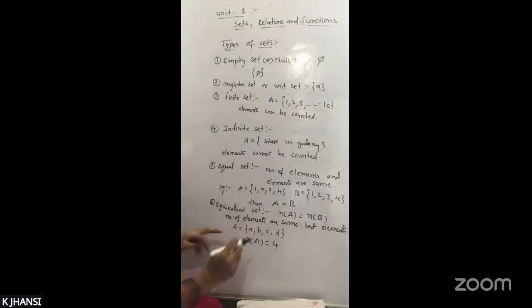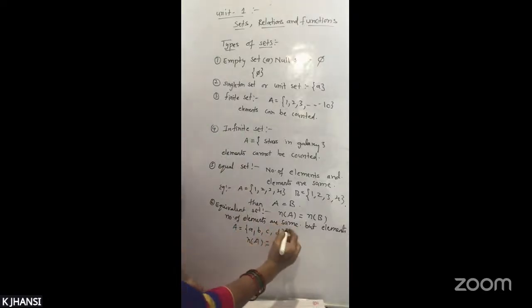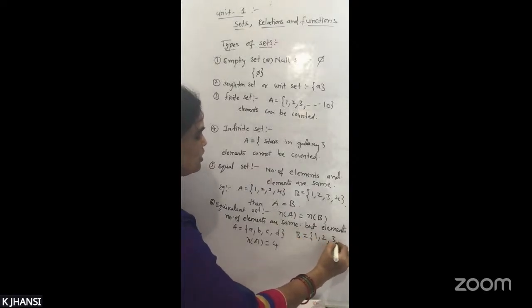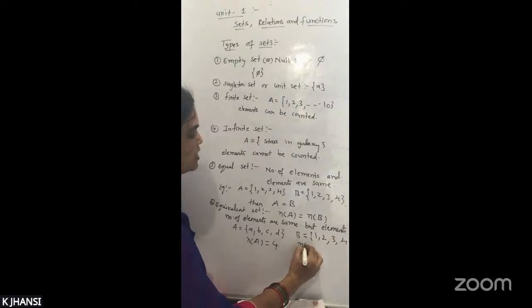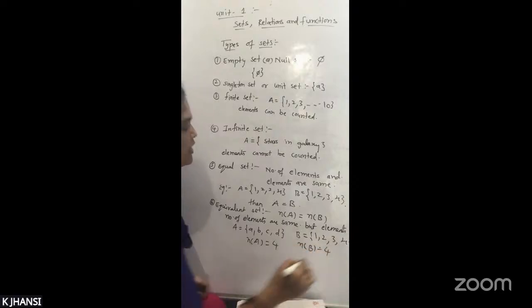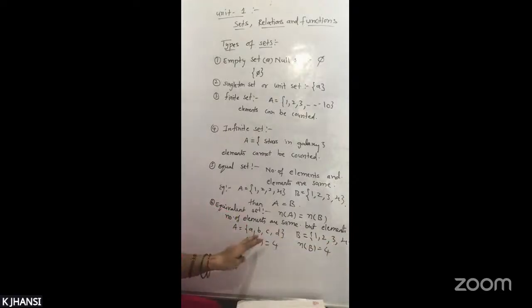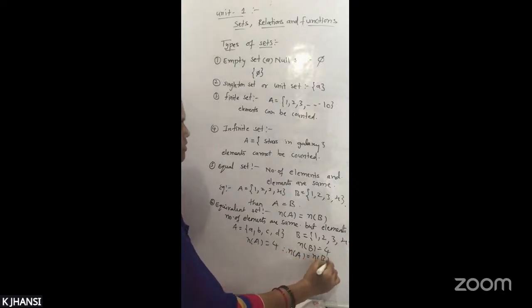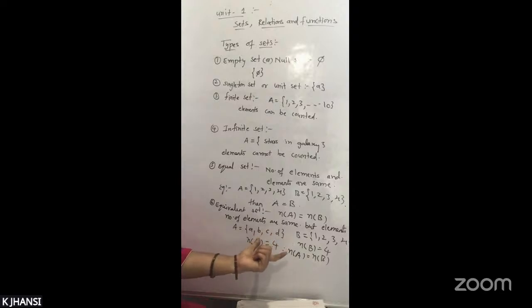So the number of elements in A is 4 here. Next, if you take B, {1, 2, 3, 4}, here n(B) is what? 4. Irrespective of the elements, we are taking just the number of elements. n(A) equals n(B). So therefore, it is an equivalent set.